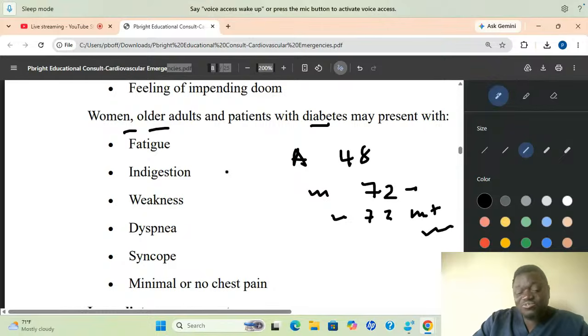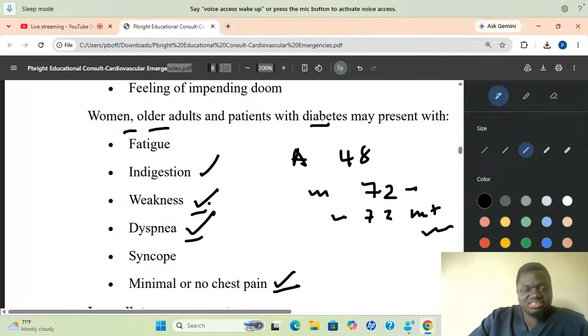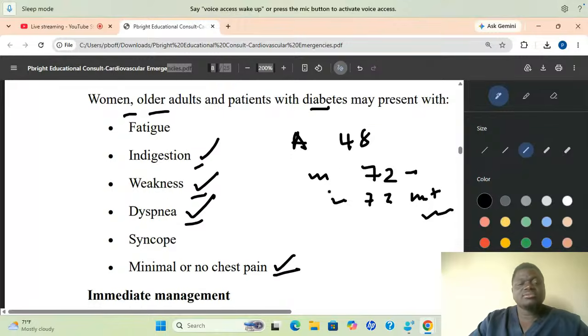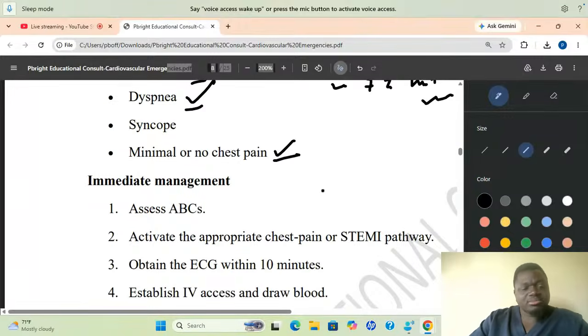If you are not careful and your physiology is not good, you might think this is just a normal patient. They can give you indigestion, weakness, dyspnea, and minimal or no chest pain. This is a heart attack problem. So women can come with no chest pain or minimal chest pain.